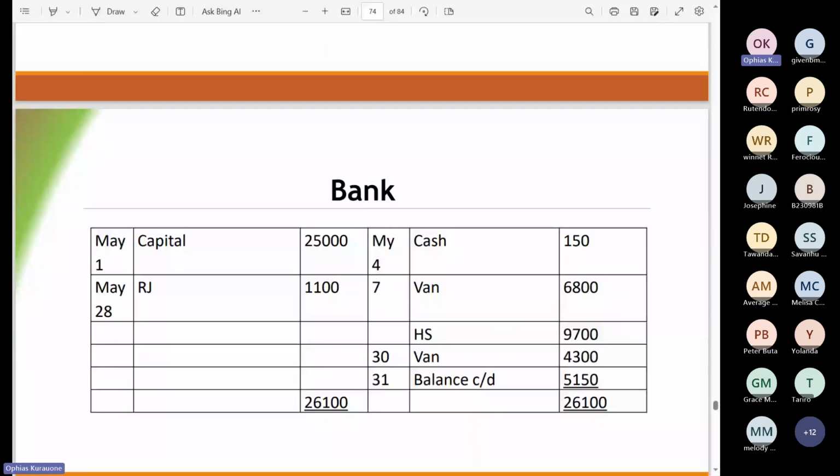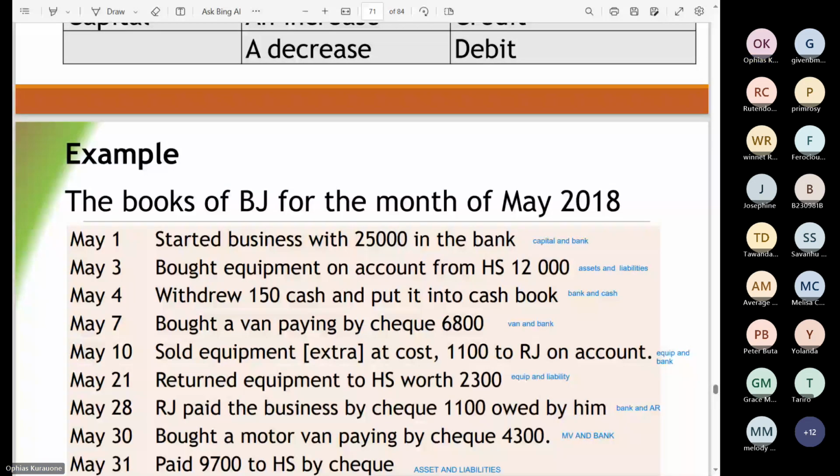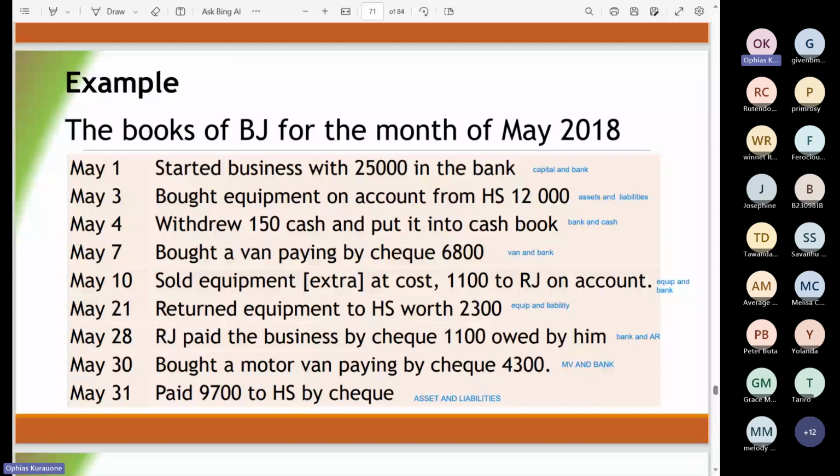Let's highlight using green. Then RJ paid 1,100 to us. Bank started a business with 25,000, then sold equipment 1,100, RJ paid. For the bank we only want what we received and what we paid. You only need the cash movement.